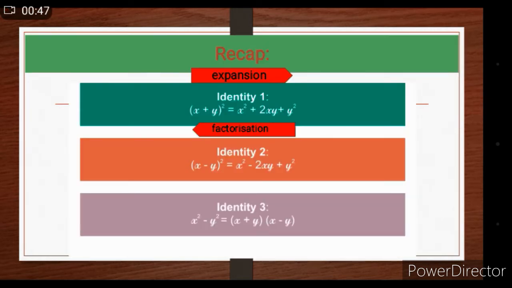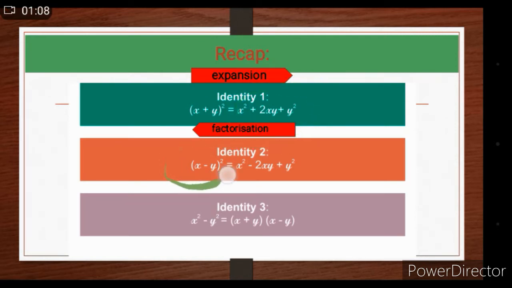Before starting today's topic, it is important to have a little recap of last week. This is identity 1, and what is the identification of identity 1? When you have the square of two terms, you expand and you will get such a type of algebraic expression.